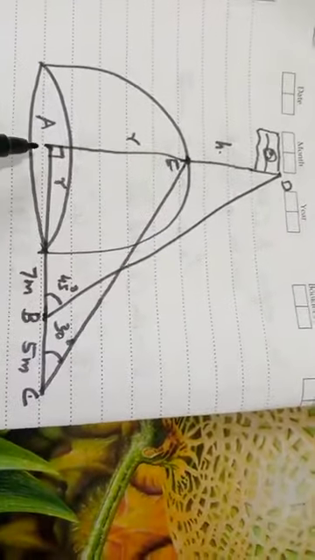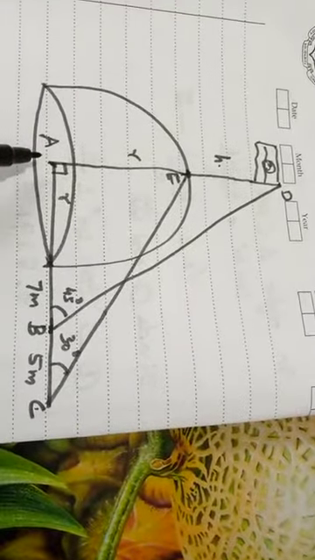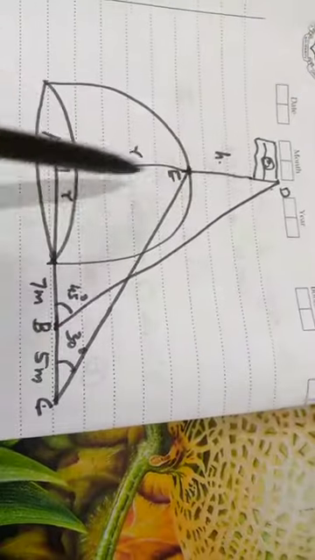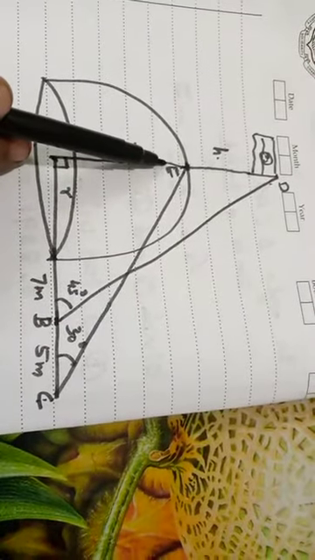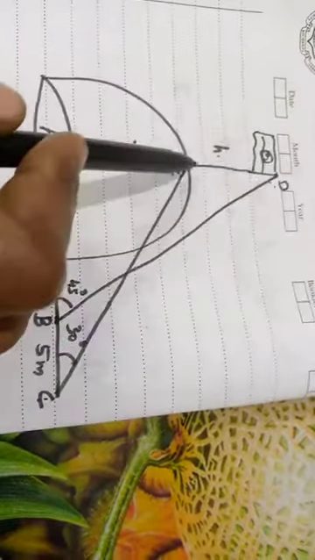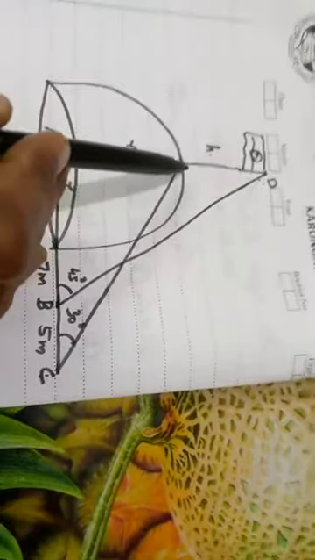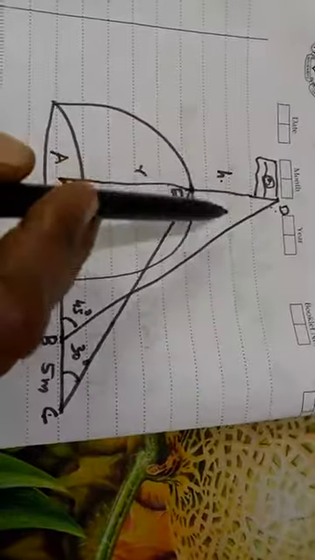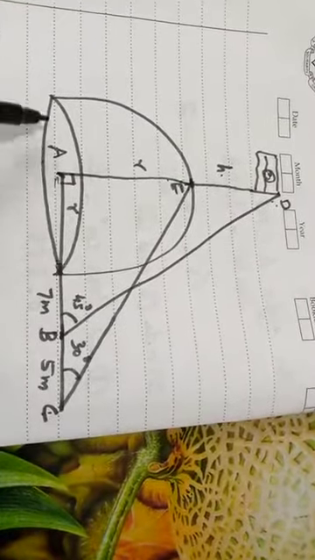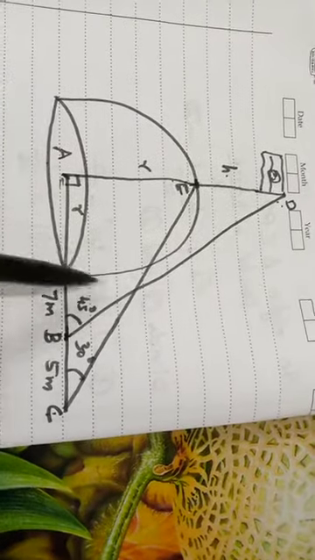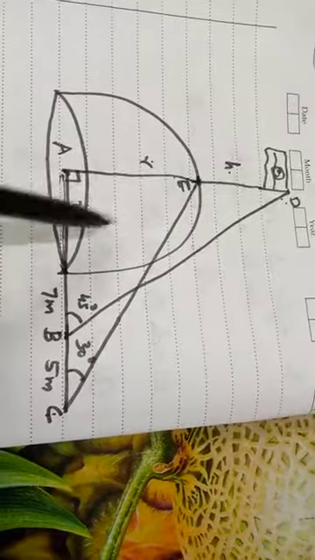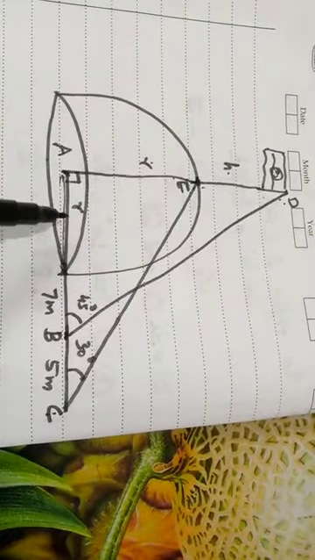Okay, let us name the diagram. As it is given in the book, we can name A, B, C. It is D. This point is E. So ED be the pole. So ED height we have to find. Let us take that as h. And radius of the dome, it is the hemispherical dome, radius is R. So radius and height of the pole we have to find out.